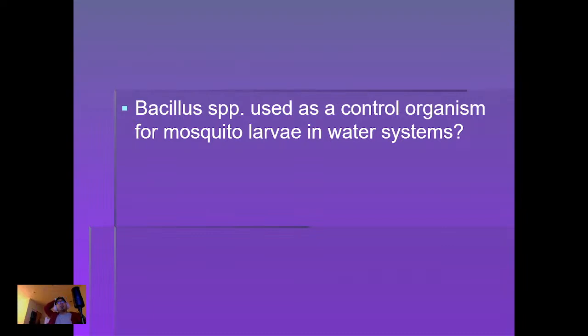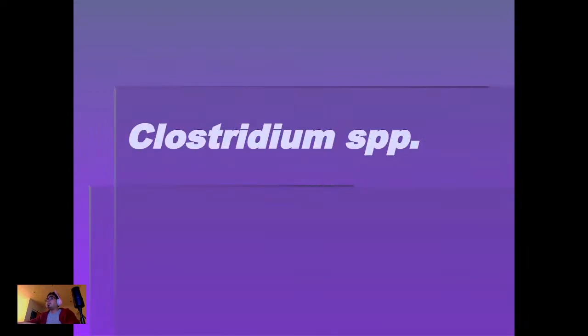Okay? Now, the Bacillus species used as a control organism for mosquito larvae is Bacillus thuringiensis. They don't usually ask this in the board exams, but it is nice to know that they can be used as control organisms for mosquito larvae. Okay?